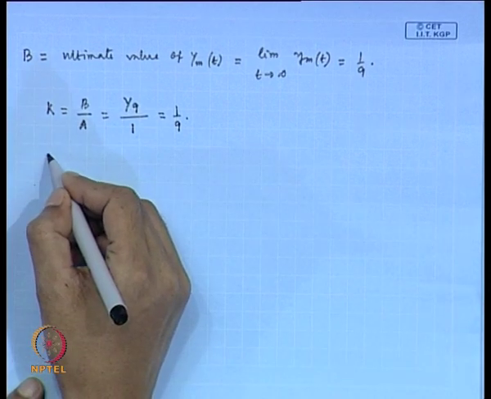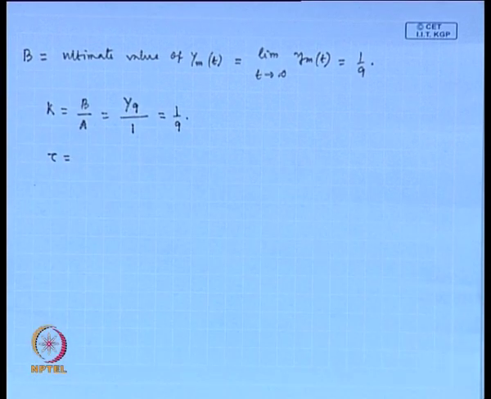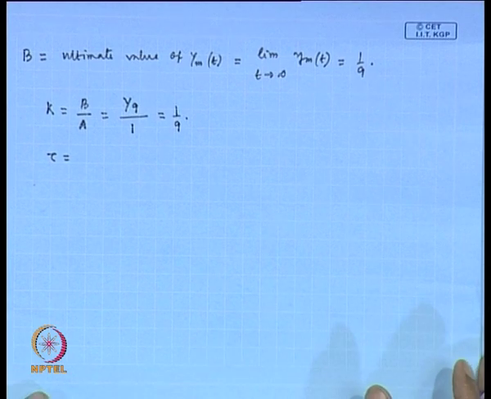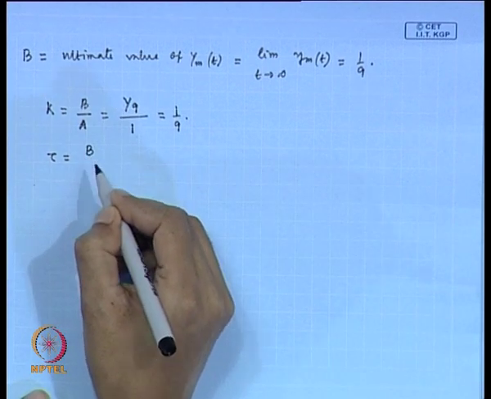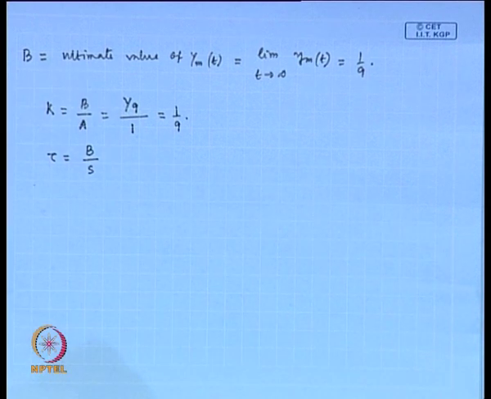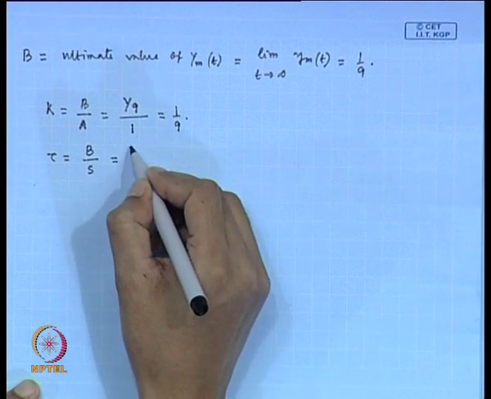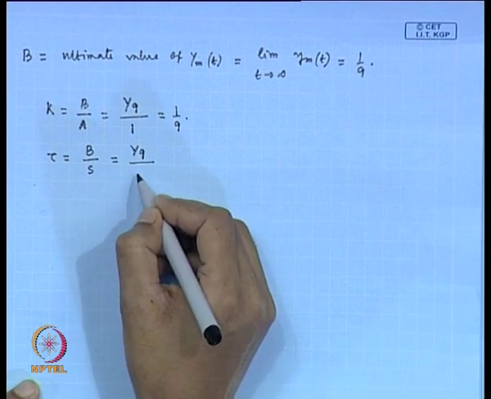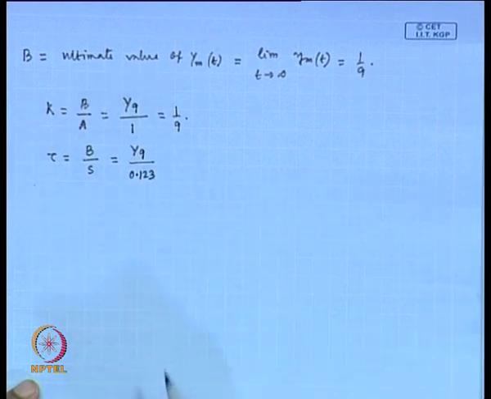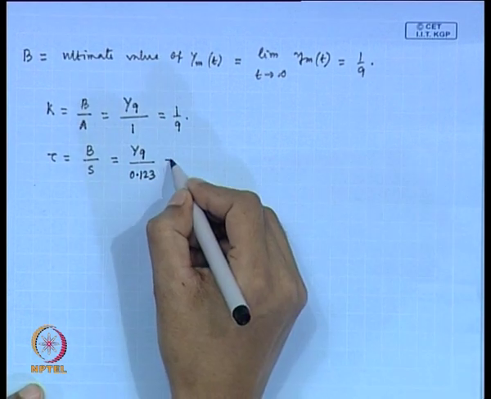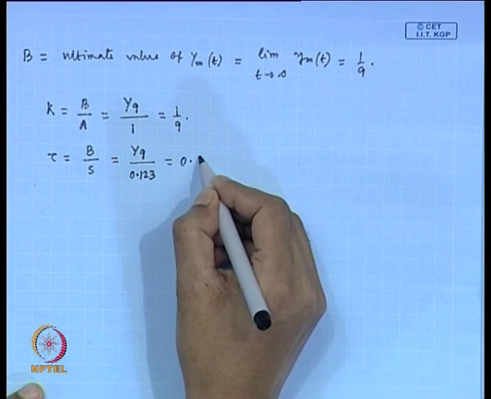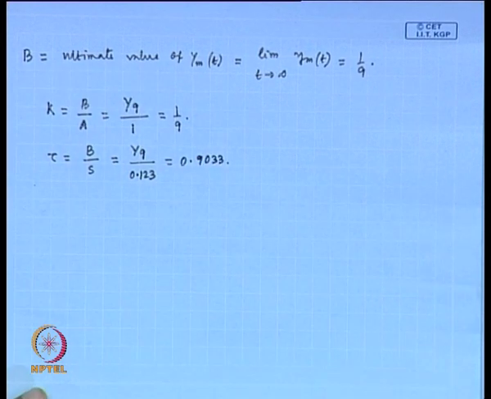Next, we need to determine the time constant tau, which is represented by B by S. Now, B we obtained 1 by 9 and S is 0.123. So, it gives 0.9033.